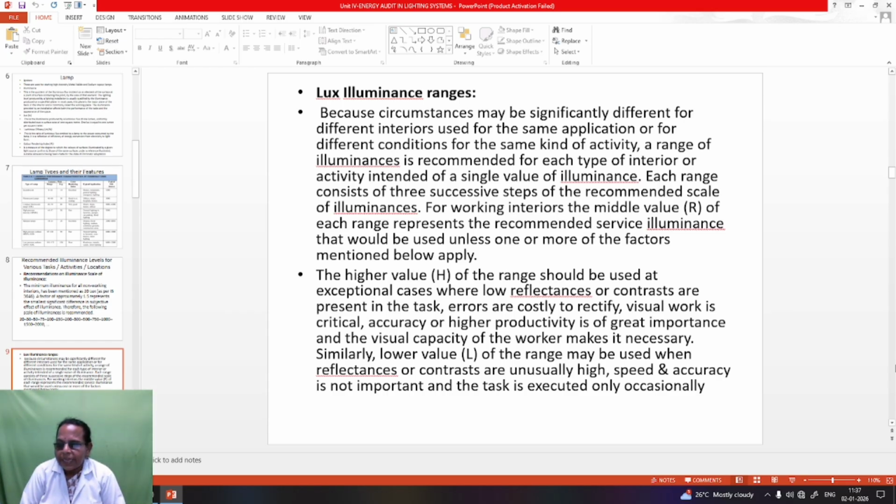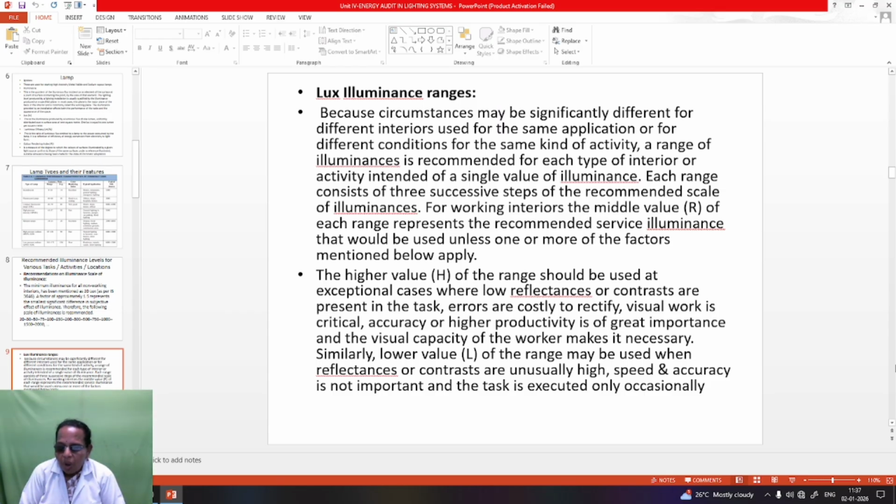For working interiors, the middle value of each range represents the recommended service illuminance that would be used unless one or more of the factors mentioned below apply.